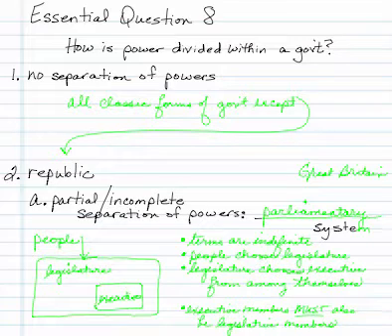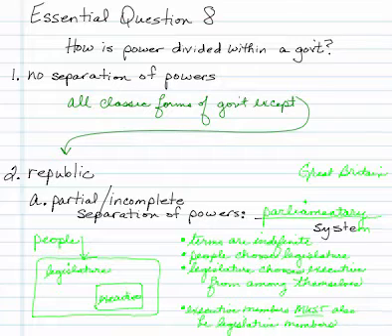So, first of all, this is called separation of powers, when you divide powers up within a government. And most types of government have no separation of powers. This would be all classic forms of government except a republic.